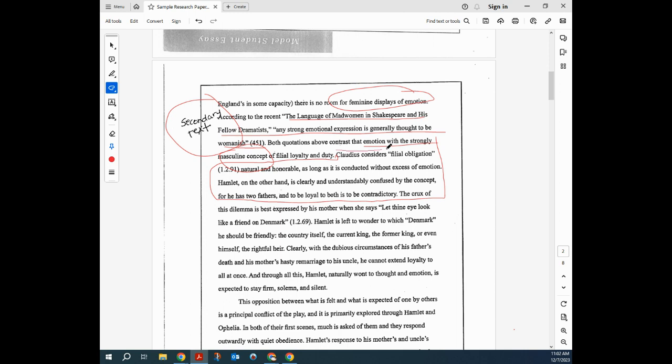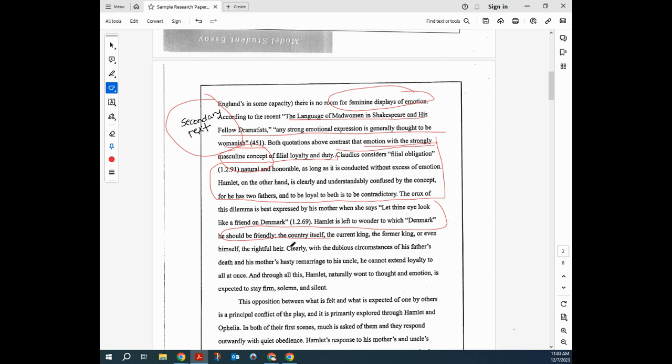He then explains, Claudius considers filial obligation natural and honorable as long as it's conducted without excess of emotion. Hamlet, on the other hand, is clearly and understandably confused by the concept, for he has two fathers, and to be loyal to both is to be contradictory. Right? The crux of this dilemma is expressed by his mother when she says, and he gives further evidence from the primary text. Okay?